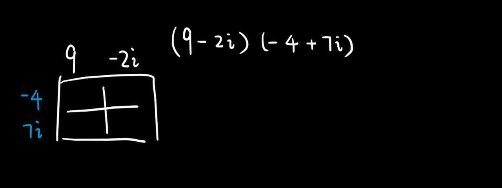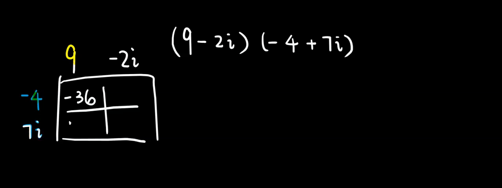Alright, so that's a small discussion about where you should put it. And then let us do this. We're going to get a different color. And we have 9 times negative 4. 9 times negative 4 gives us negative 36. And then we're going to finish this one. 9 times 7i.